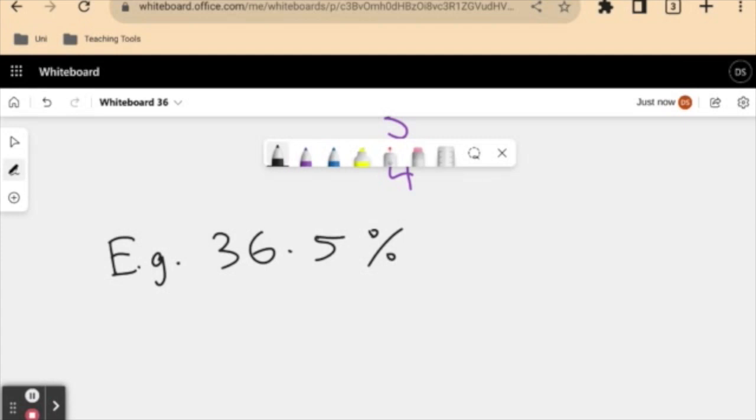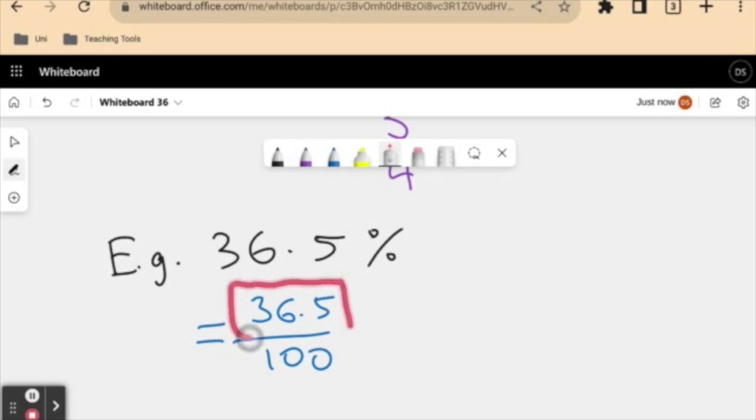So when I convert this to a fraction, I want this to just be a fraction in its simplest form. I don't want to have decimals in my fraction. So converting this first into a fraction, well, this as a fraction of 100 is 36.5 over 100. Now, once again, I'm mixing tools, aren't I? So I have a decimal on my numerator, which I don't really want.